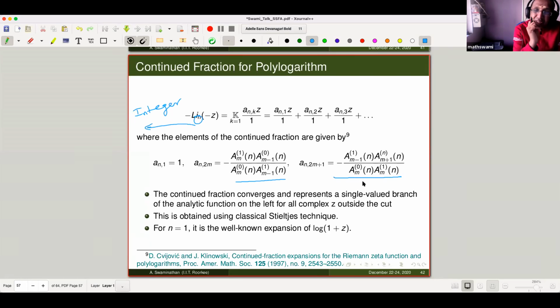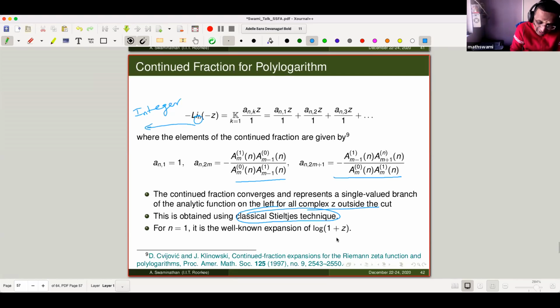This continued fraction converges and represents only a single branch of the analytic function. This single branch helps us to study several properties, and it also comes from the story of Bieberbach functions. This was obtained using the classical Stieltjes technique, and once we have it, we are able to proceed further.